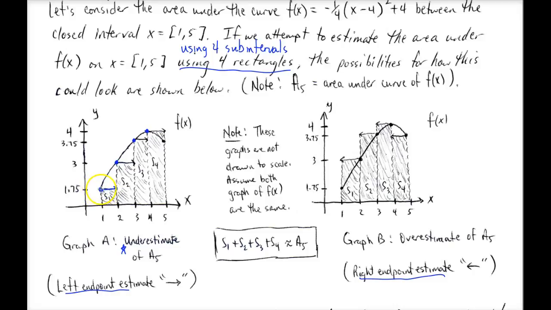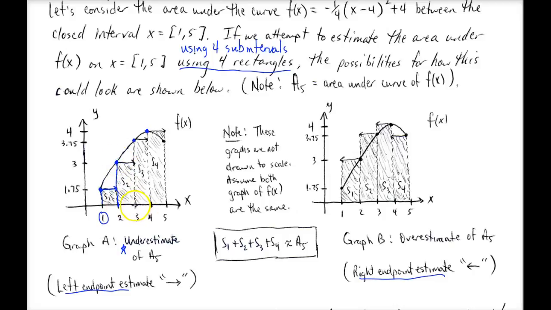If I start from here and go this way, that means I'm doing a left endpoint estimate, meaning I'm using the height of my function at, in this case, x equals 1 to figure out the height of this first rectangle. Then I come to x equals 2 and go up, and figure out what y is for the function when x is equal to 2.